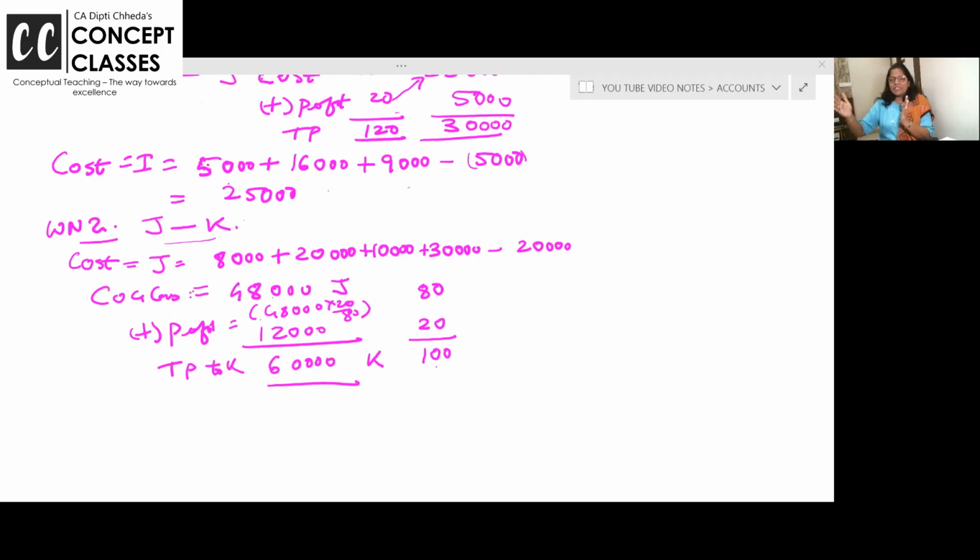J is transferring to K at 20% profit on sales. So on cost it is 80, 20, 100. And the net cost, my own purchase plus transfer purchase minus closing stock, the net cost is how much? It is 48,000. So 60,000 is the transfer price.